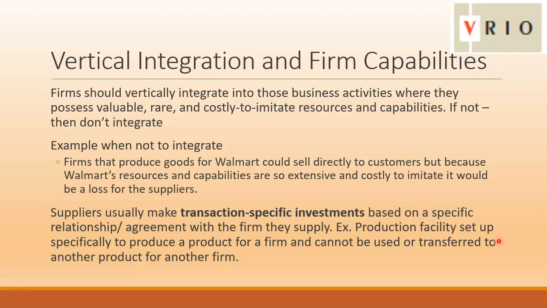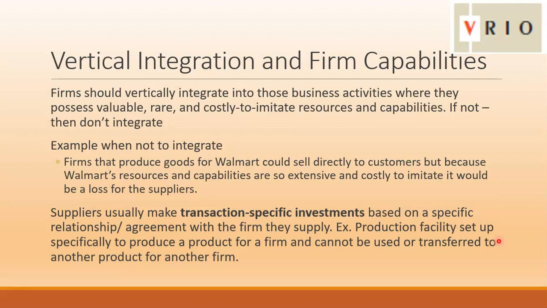Suppliers also usually make transaction-specific investments based on a specific relationship or agreement with the firm they supply. So for example, a production facility set up specifically to produce a product for a firm cannot be used or transferred to another product or another firm. So whatever arrangement the supplier has with a particular company, they went out and bought new equipment and got new staff, and they've made all of that investment just for this actual contract that they have.